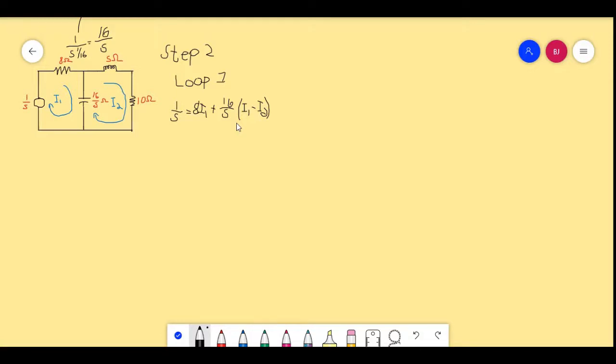But one of the things that we do to simplify the derivations or computations using Laplace transform is we want to make sure that we don't have a denominator of S on our terms.